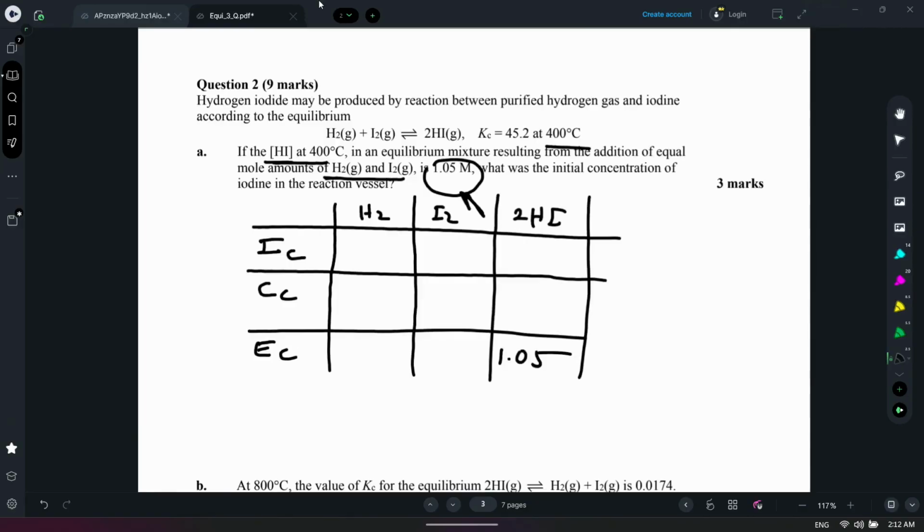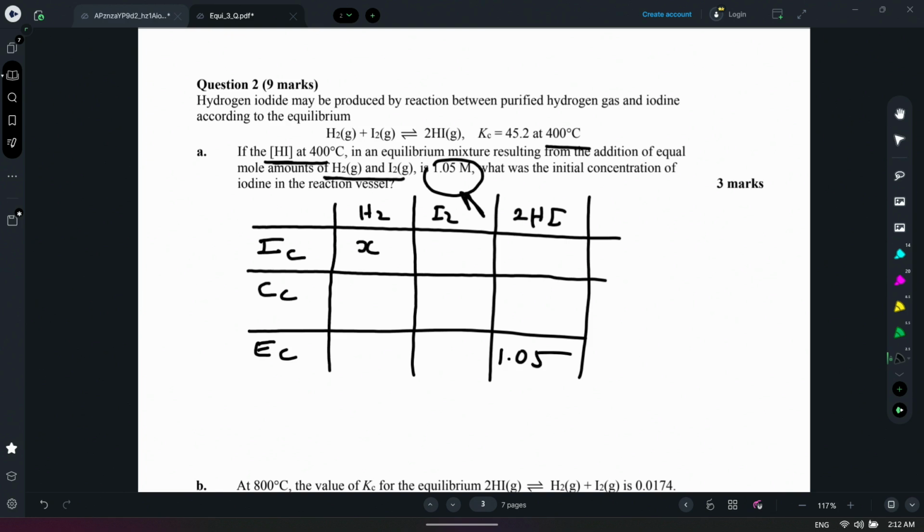Okay, so in order to do this question, what we are going to do is this. Initial concentration we don't know, but we know that since they have added the same number of moles of H2 and I2, the initial concentration of H2 and I2 is the same. Okay, let's say that is X, because we don't know.